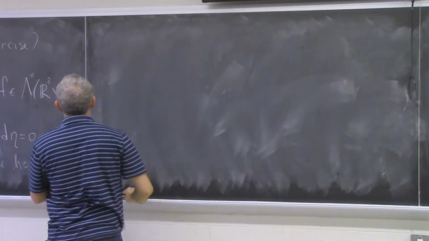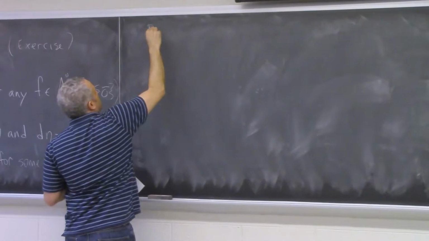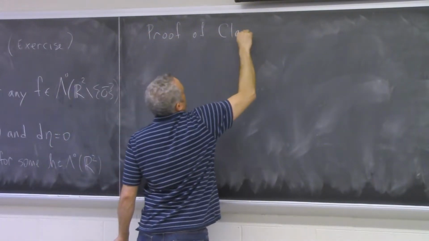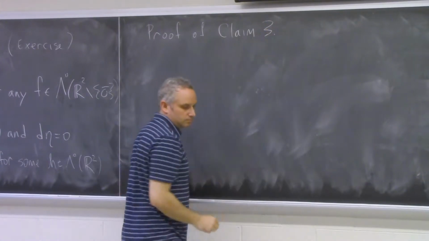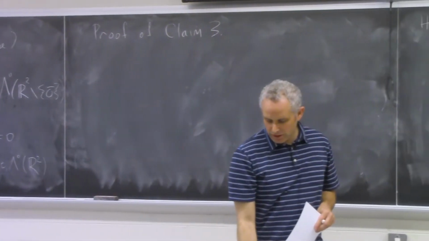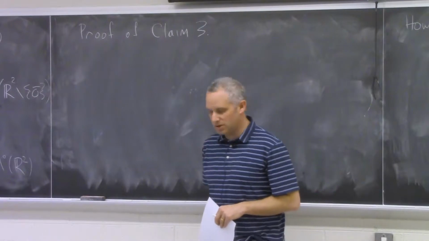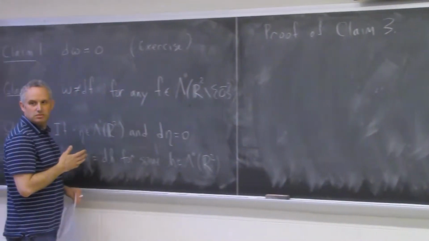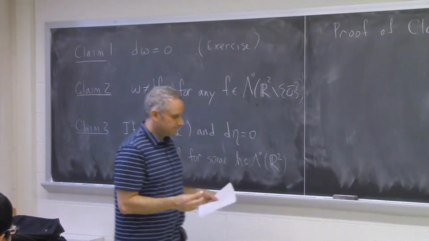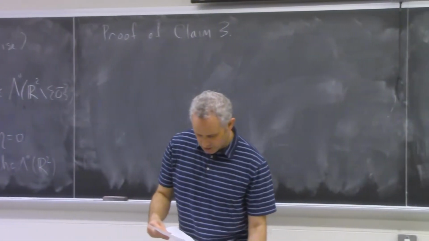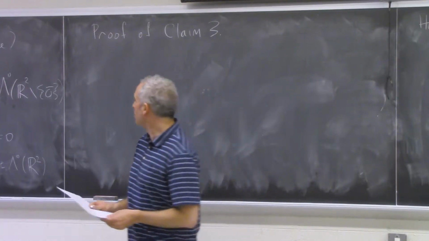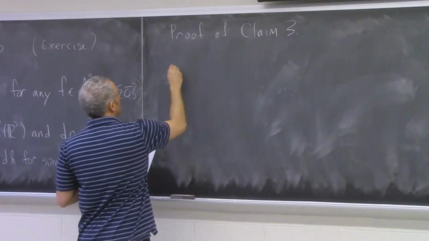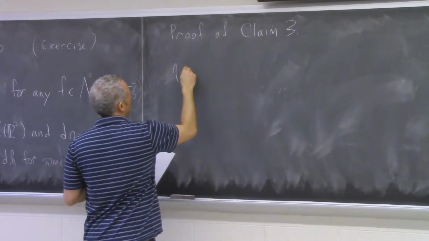So let's prove claim 3. So we have to show that if a 1-form on R2 has d of it equal to 0, then it's d of something. OK? So let's start with a 1-form on R2. So we have eta, a 1-form on R2.